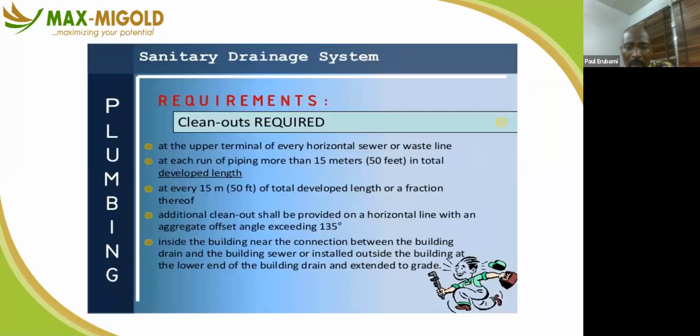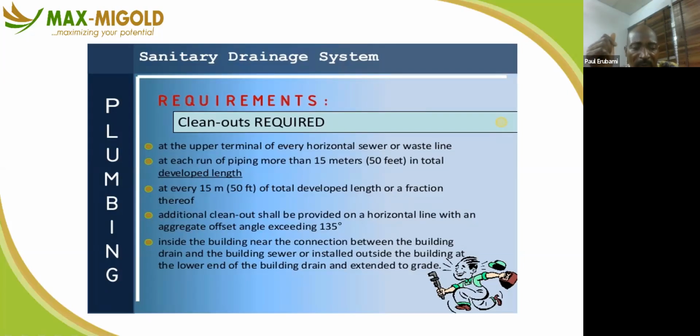These are all talking about the size of traps. Then what are clean outs? I've told us clean outs are more or less like drainage what? Manholes that we normally find within a plumbing area. They are the upper terminal of every horizontal sewage or waste line. When you have a waste or a sewage line, there must be what we call a manhole. Then when you have a piping network running more than 15 meters in total length, there must be a manhole along the line.